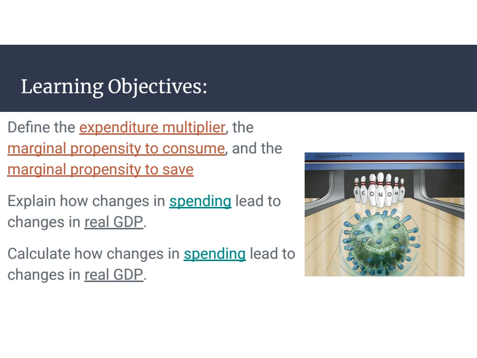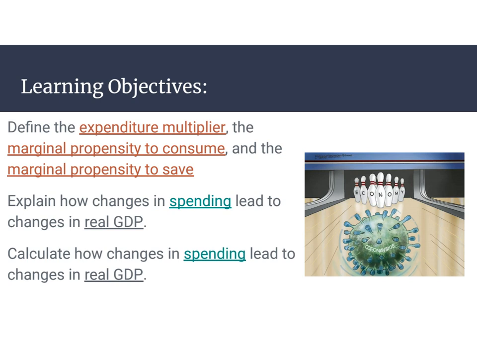All right, so the learning objectives for today, we're going to define the expenditure multiplier. This is just another way of saying the spending multiplier. So again, expenditure and spending are synonymous. The marginal propensity to consume and the marginal propensity to save. So these are three things that you're going to need to know. Each one has their own formula as well and use, obviously.